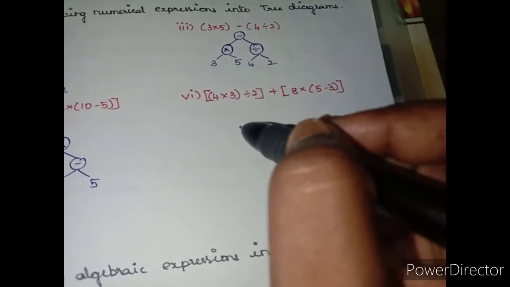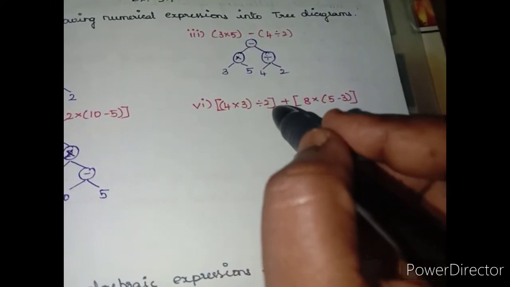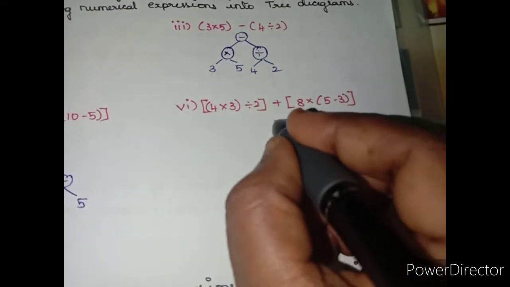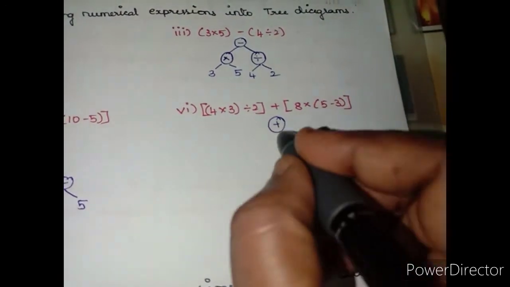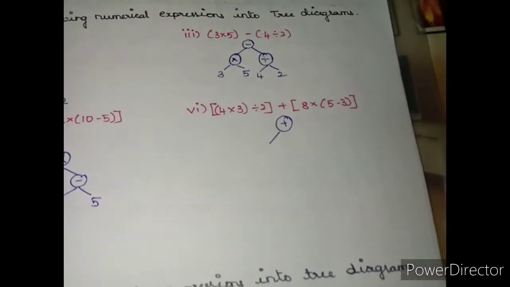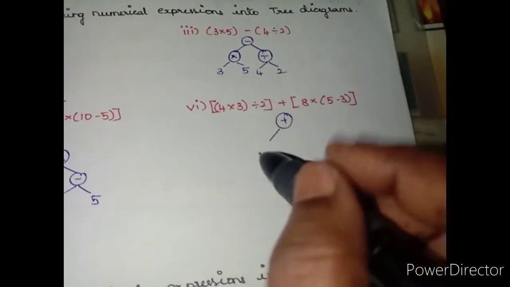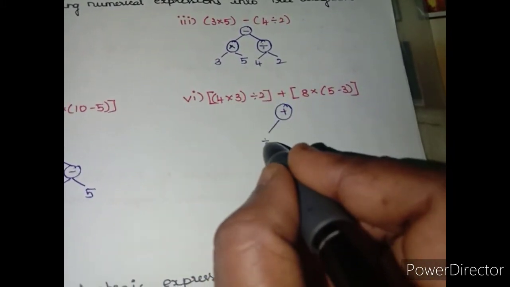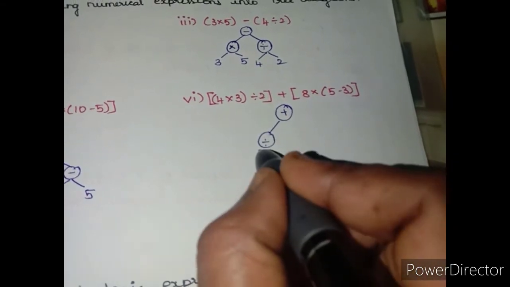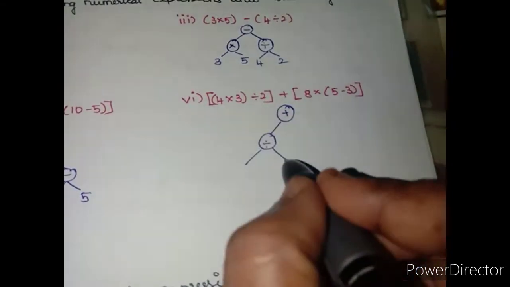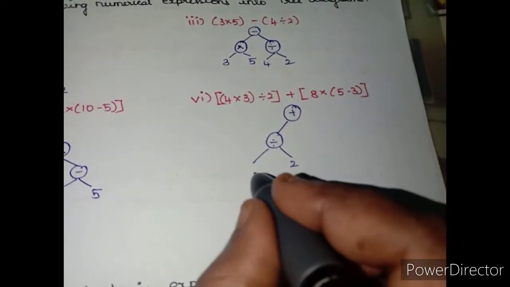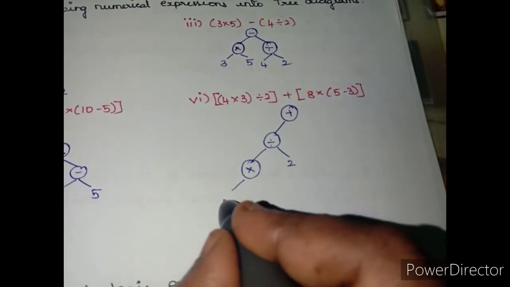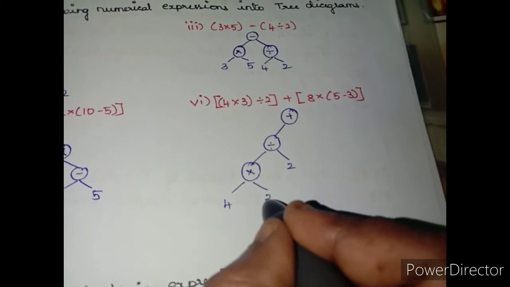See the next one: 4 into 3 divided by 2 plus 8 into 5 minus 3. What is the major operation? Plus. First we'll go with the left hand side. What is the next symbol? It is division, then 2, and 4 into 3, multiplication, 4, 3.